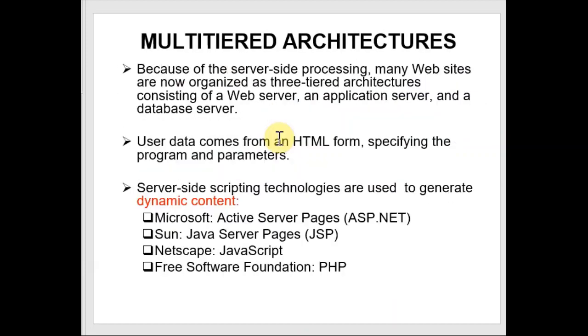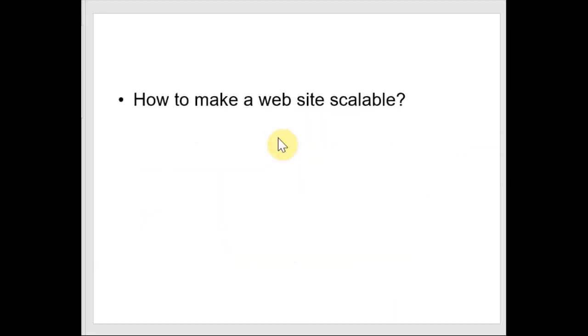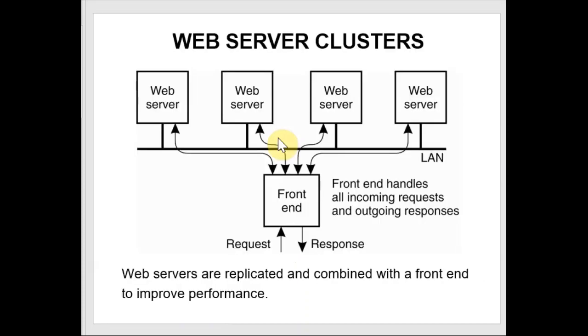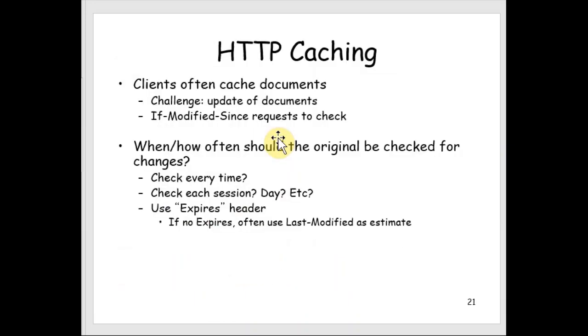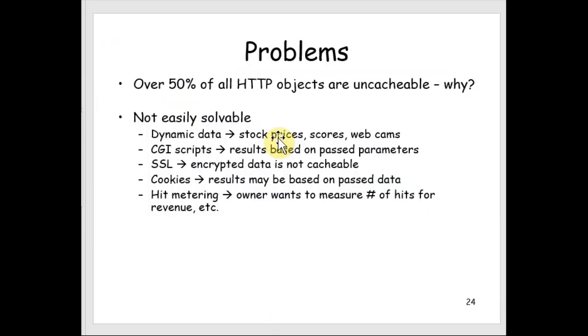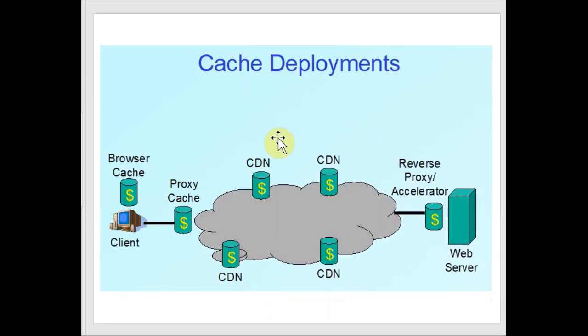Then we will see what is proxy caching, multi-tiered architecture, and web server clusters, and then a case study of HTTP and HTTP caching, cache consistency problems, and deployment, various ways of cache deployments.